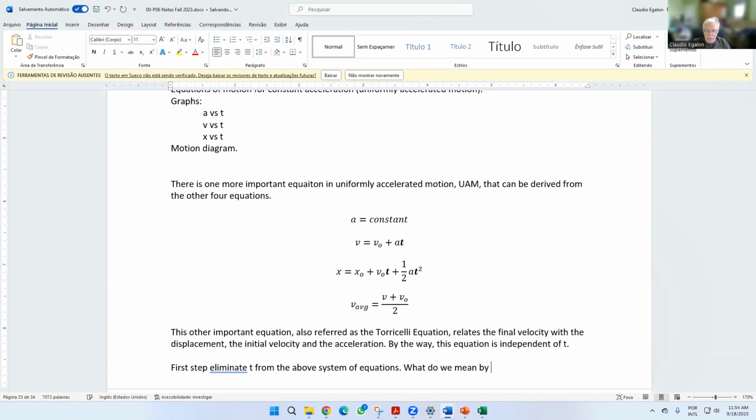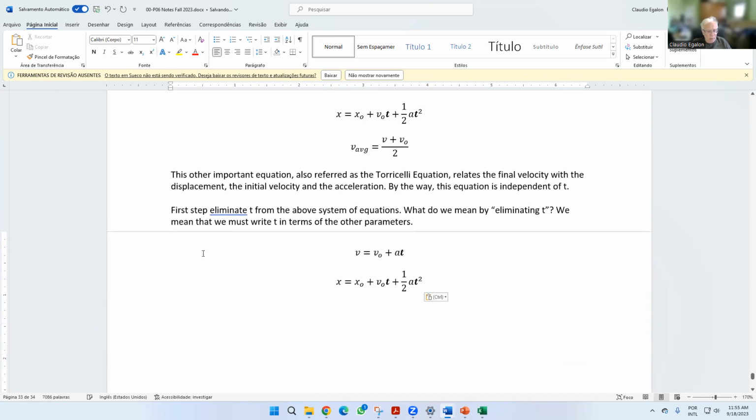Eliminating t means that we must write t in terms of the other parameters, okay? That's what we mean. And all we need is those two equations, because those are the only two equations that have t in here. So I'm going to eliminate t.